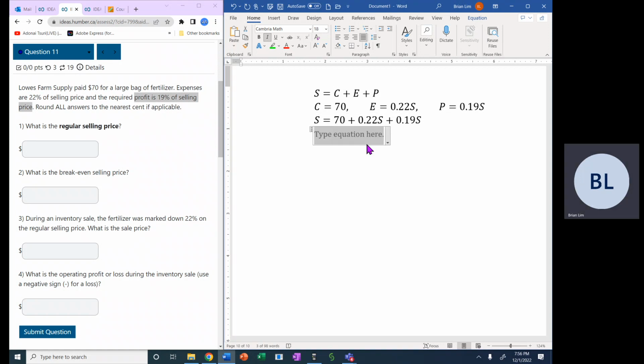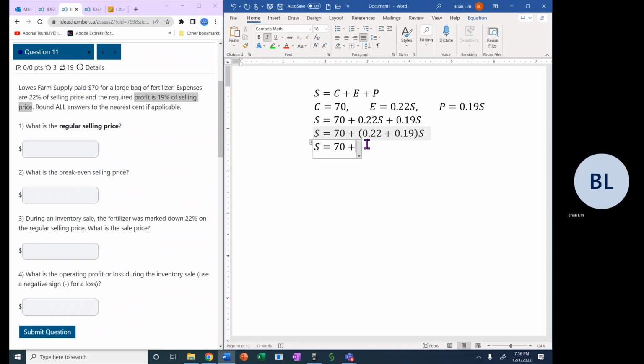Okay, so let's put the terms on the right that contain s together. So we can factor out the coefficient 0.22 plus 0.19, and that is multiplied by s, and that would give us s is equal to 70 plus 0.41s.